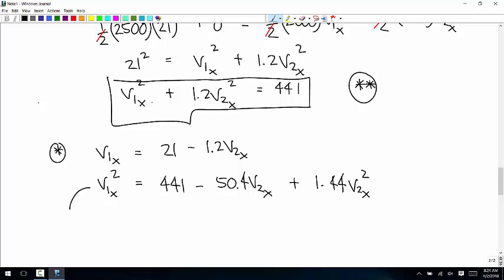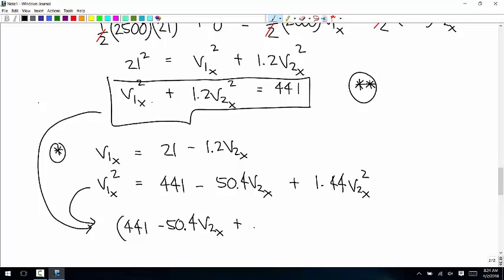So now plug this into equation 2 star, and you get 441 minus 50.4 v2x plus 1.44 v2x squared plus 1.2 v2x squared is equal to 441.